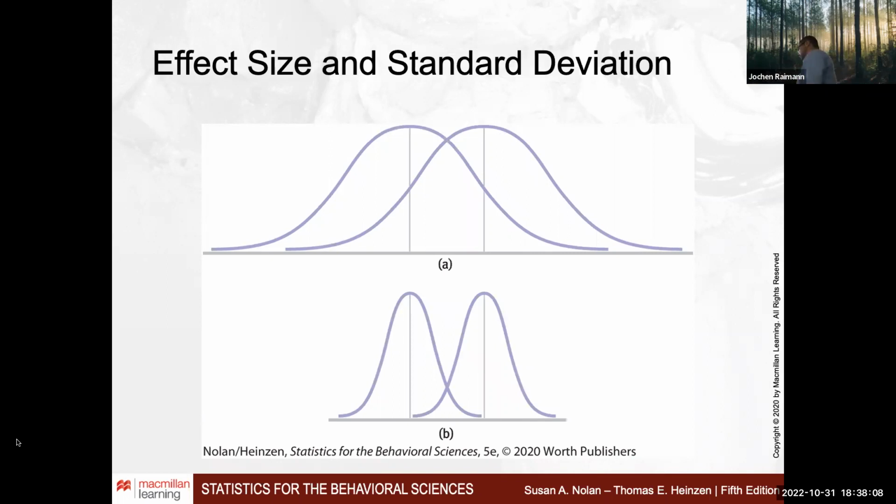If you have the same difference and the same group means, but you have less variability because of a larger sample size, you also have less overlap, right? Because the overlap lowers your probability of a significant difference. So therefore, you need something to take sample size out of the equation.